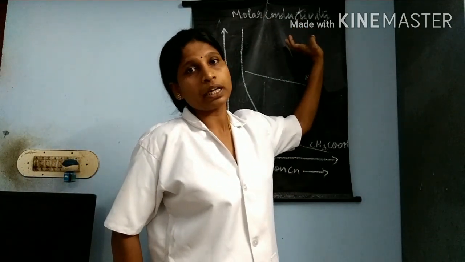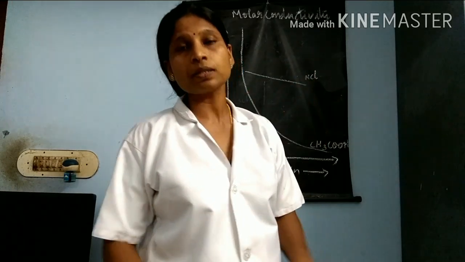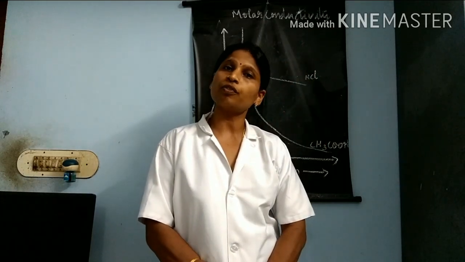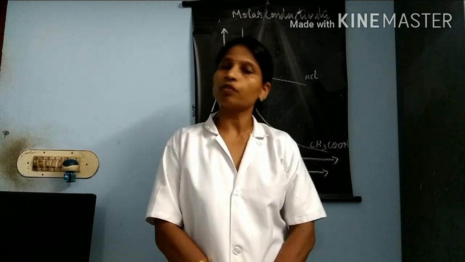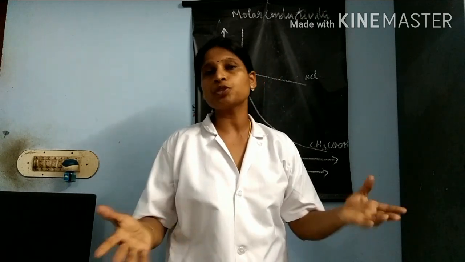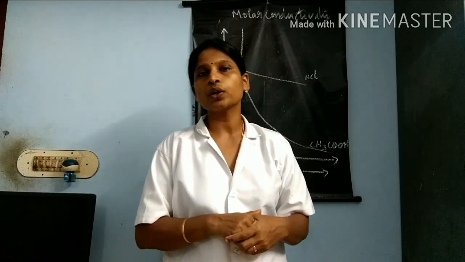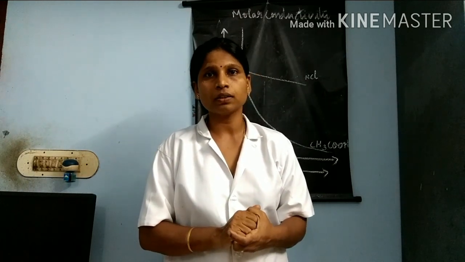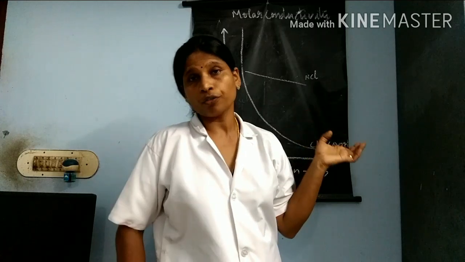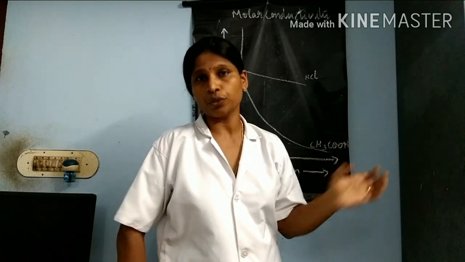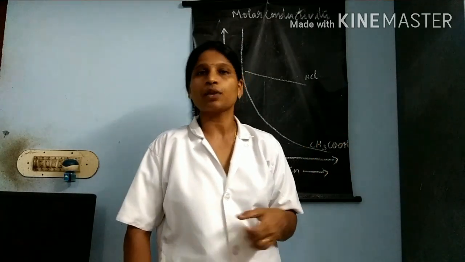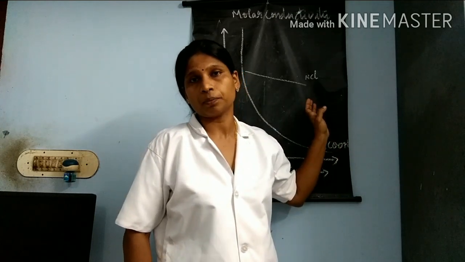The definition of molar conductivity is that it is the conductivity of 1 mole of electrolyte or 1 mole of solution kept between electrodes having unit distance apart and unit area of cross section, large enough to accommodate a sufficient amount of electrolyte.